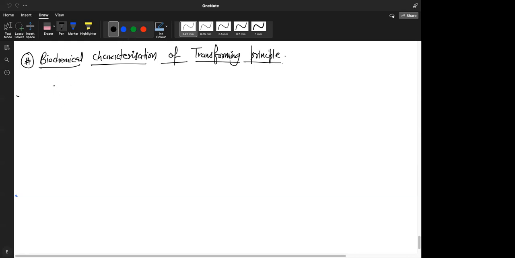Okay, so there were three scientists whose names were Avery, MacLeod, and McCarty. So Oswald Avery, Colin MacLeod, and Maclyn McCarty.